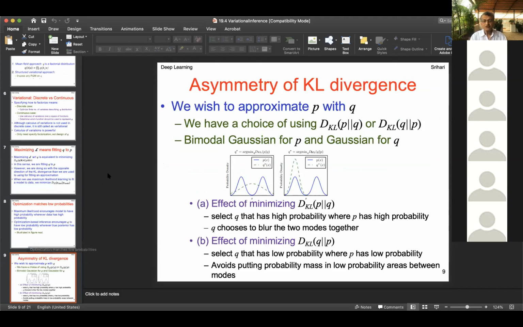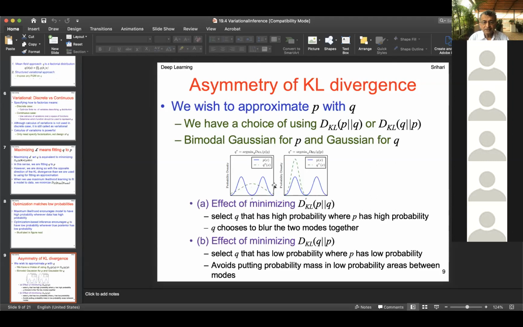So we wish to approximate P with Q. We have a choice of using DKL(P||Q) or DKL(Q||P). Okay, DKL(P||Q) and DKL(Q||P) are not one and the same. So let's say we had a bimodal Gaussian for P and a Gaussian for Q. So we have a bimodal Gaussian for P, and then we're trying to fit it with a Q. So we have this dotted line Q over here.